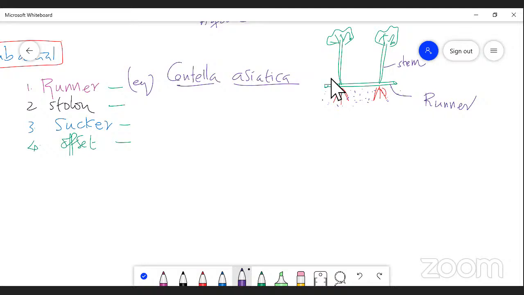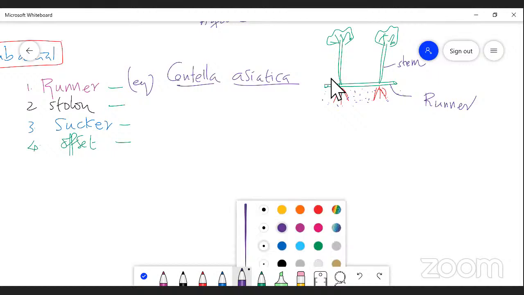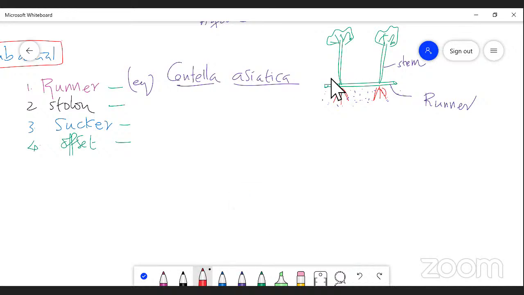Right, next we pass on to stolon. Stolon, I can say, in Fragaria and Mentha. In Mentha and Fragaria, there is a little bit of difference.